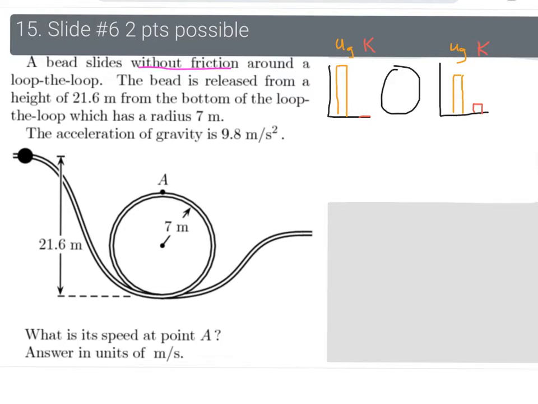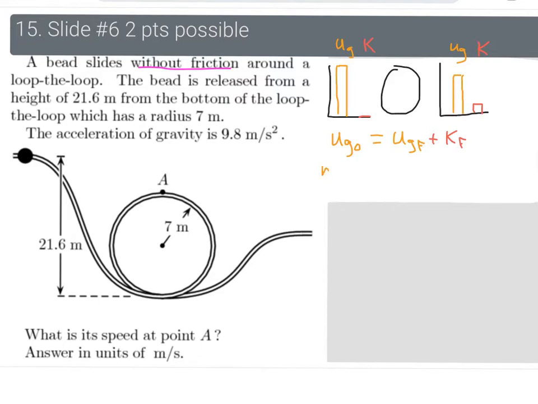Alright, so our bar chart is going to allow us to do our equation. And so that means we're going to start off with the UG original, and that's going to be equal to UG final over here on the right hand side plus the final kinetic energy. And we can go ahead and expand those equations.